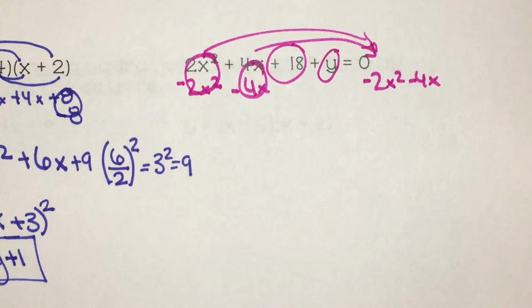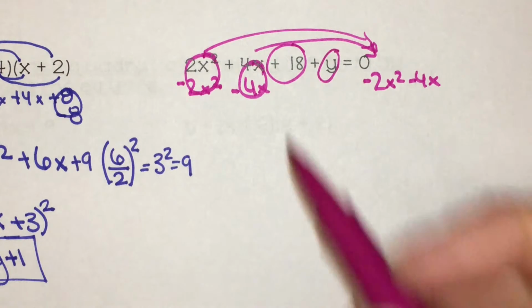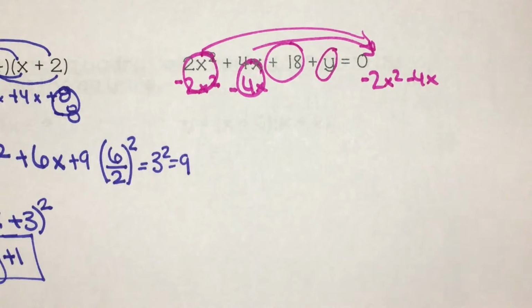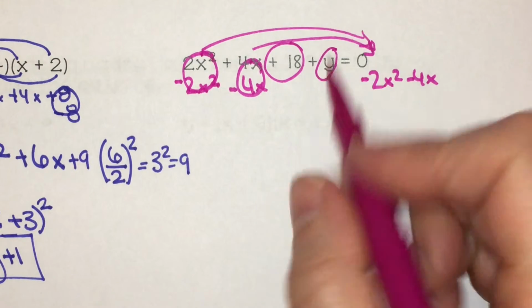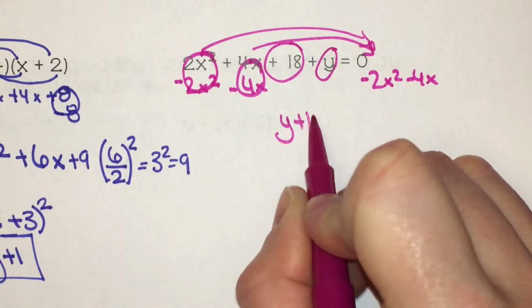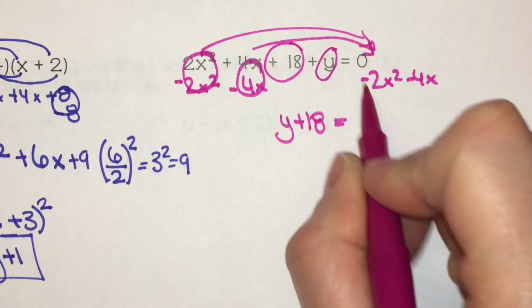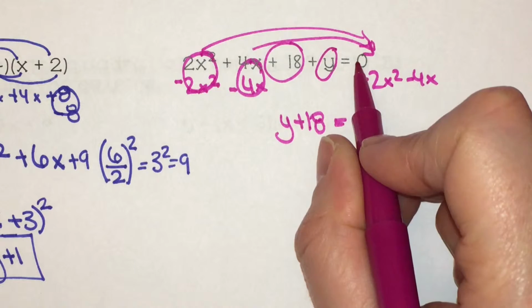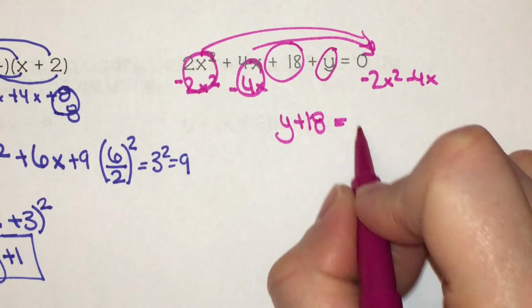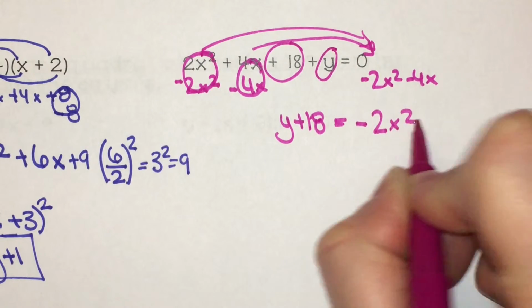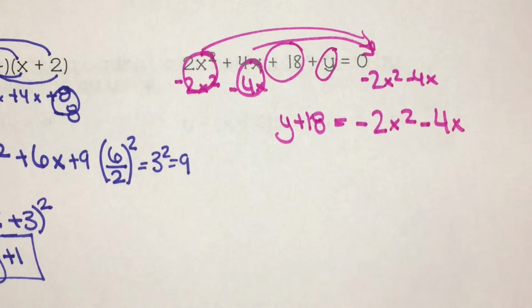I just did them at the same time so I could get them both moved. So on this side, I can leave it as 18 plus y, but I'm just going to write y plus 18 is equal to, well, I have 0 there, so I'm not going to include that. So I just have negative 2x squared minus 4x.